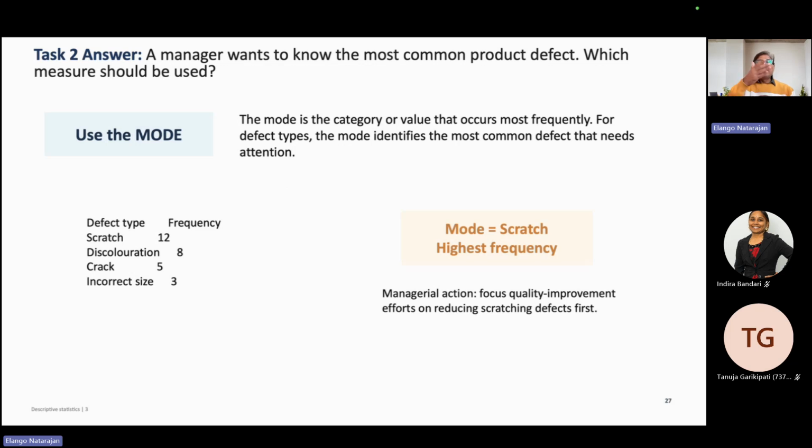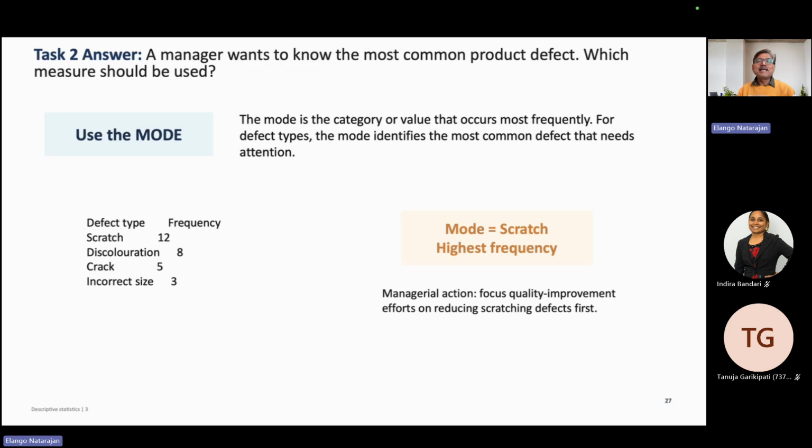We do not know. It appears every day. So you want to find the most frequently occurring defect. That means your intention is to find the frequency of the defects. The best thing to use here is mode.